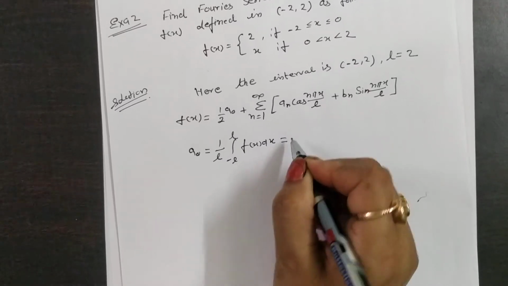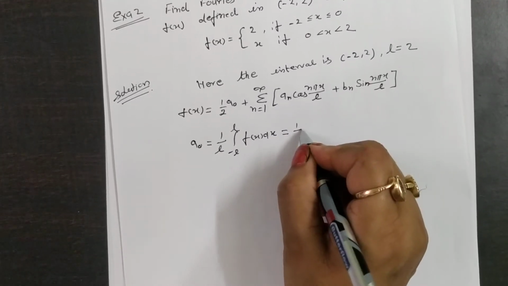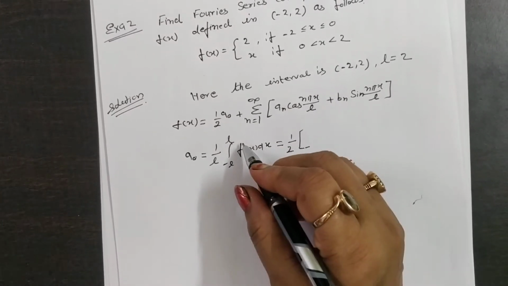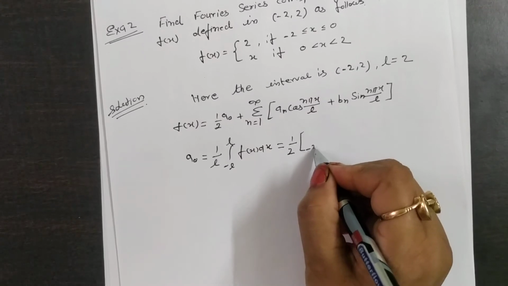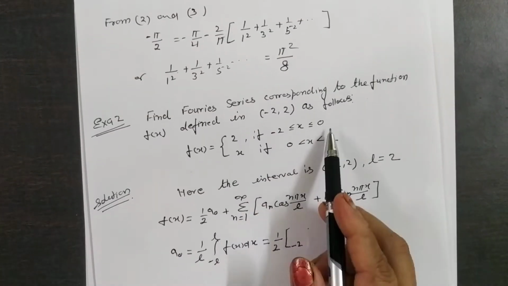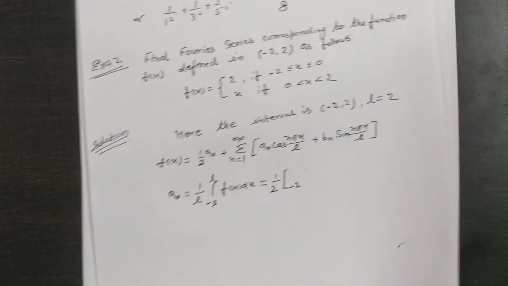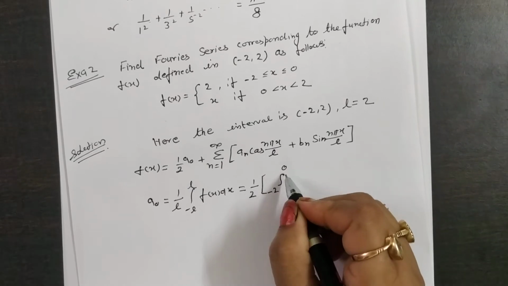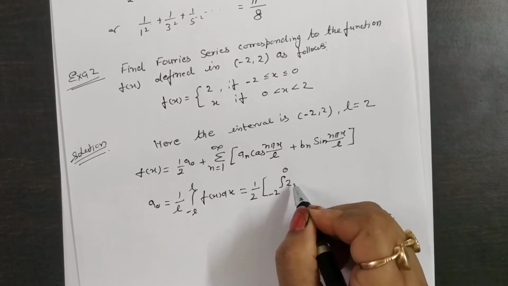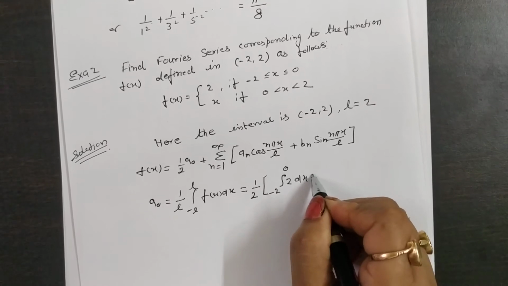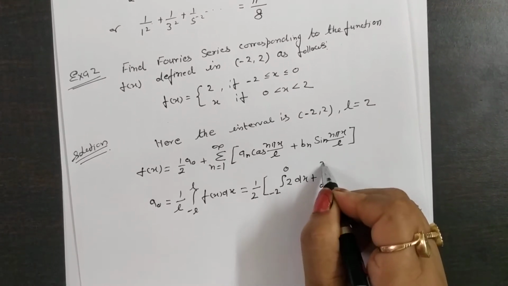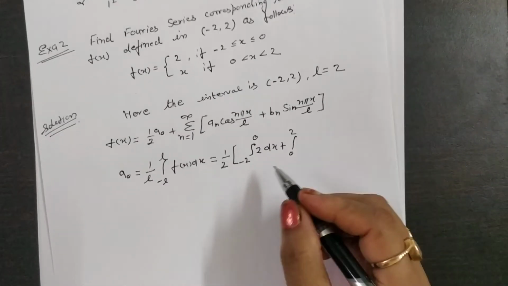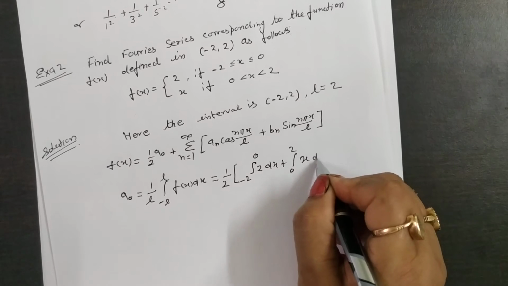So this is 1 by 2, since L is 2, the integral from -2 to 0 of 2 dx plus the integral from 0 to 2 of x dx.